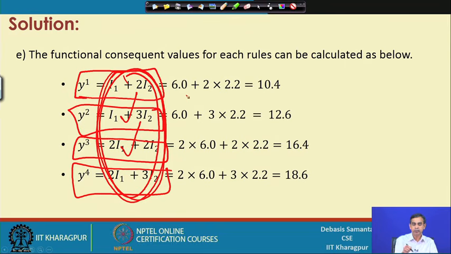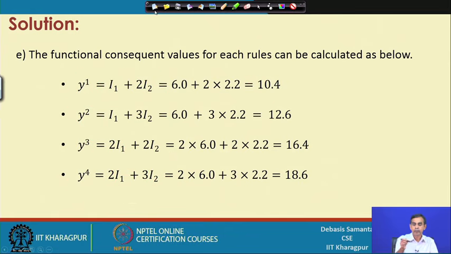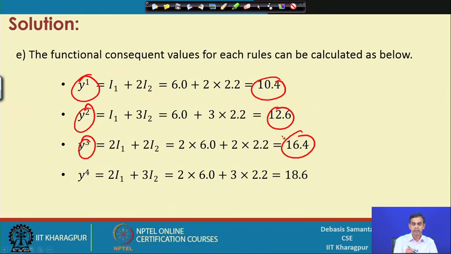For example, here I1 is 6.0 and I2 is 2.2, and taking the B value as 2.1, the rule I1 can be calculated as 10.4. So, this is the I1 Y1 value, and for I2 the value will be there, and for I3 the value will be there, and for Y4 the value will be there.